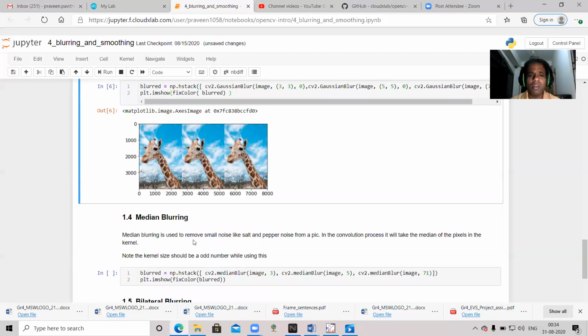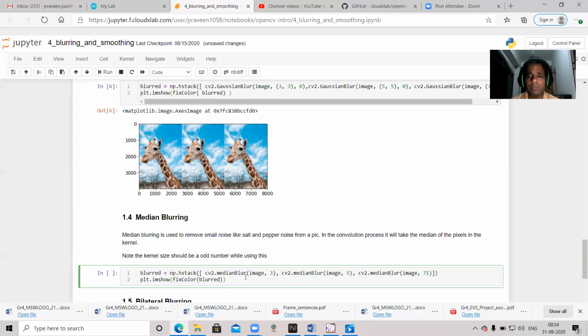If you have small noise like salt and pepper noise, like small black spots, median blurring can take it out. What it does is take the median of all the pixels in the kernel. What is very important is that if you're using median blurring, you have to use odd numbers, because for a median we need a very clear midpoint.